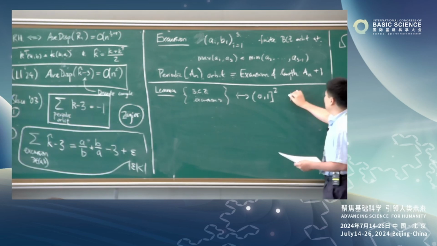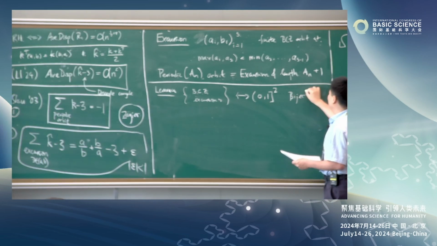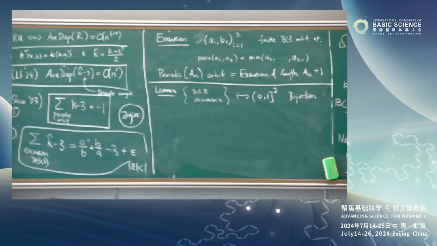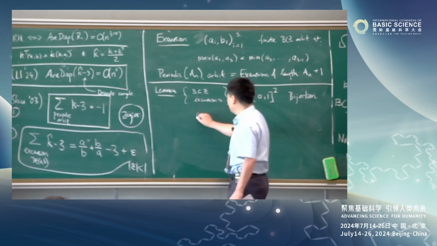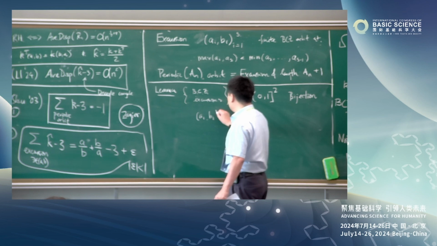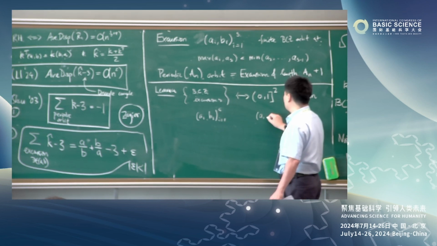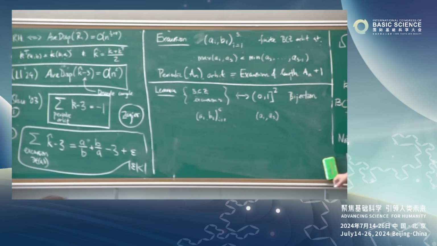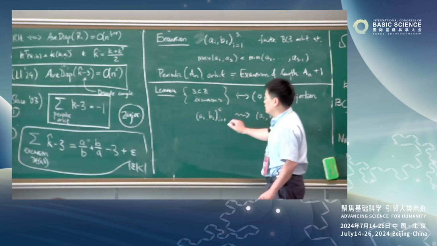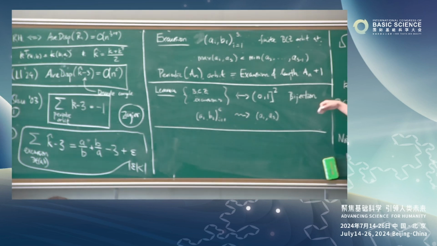This is a bijection, which is hard to explain, but it's an easy fact. And the bijection is given by, it sends this finite orbit to the first and last x coordinate. So we have a moduli space of all excursions. And this is an important object.